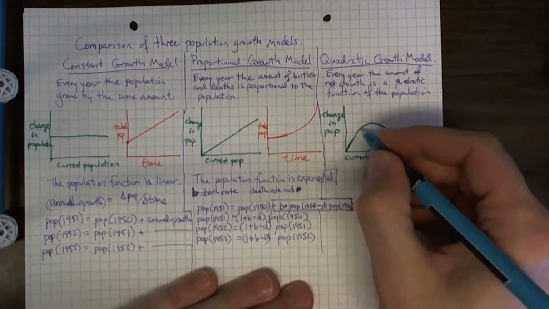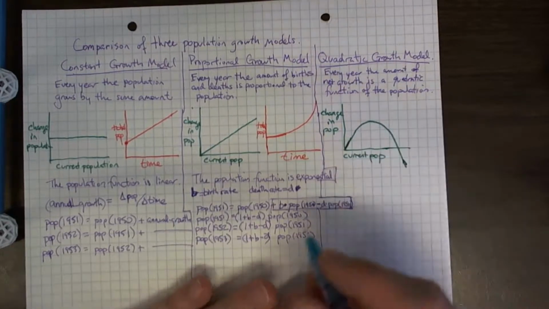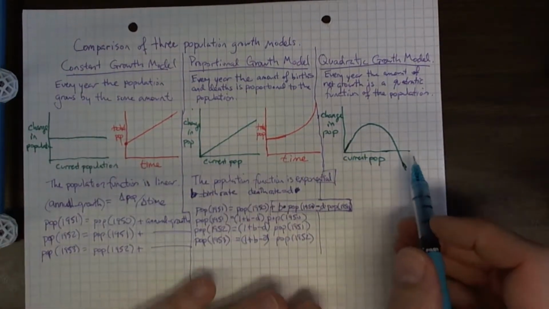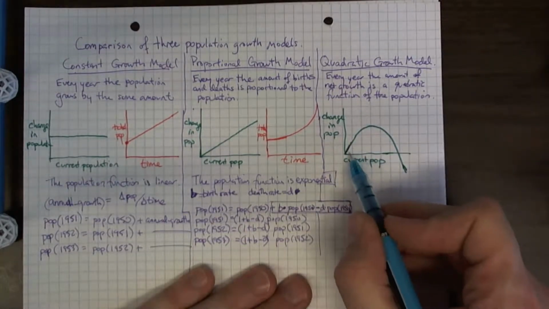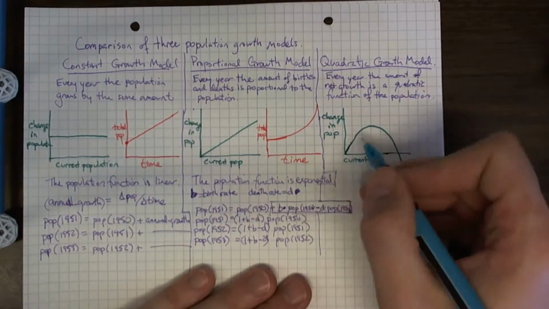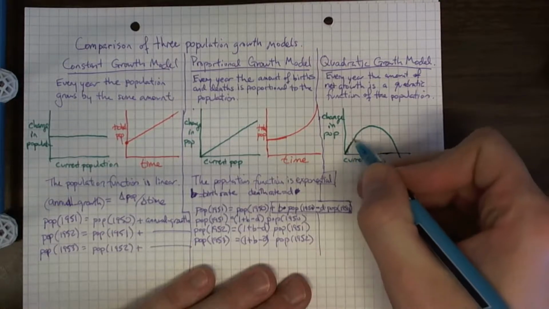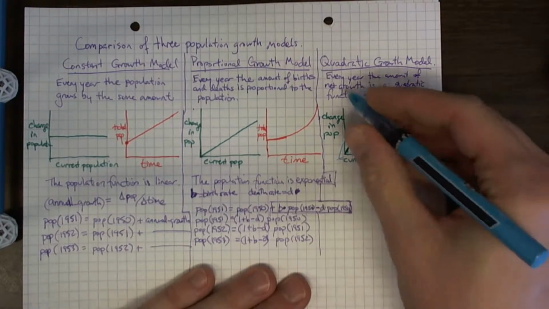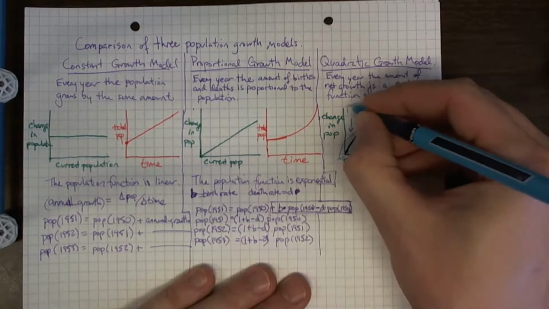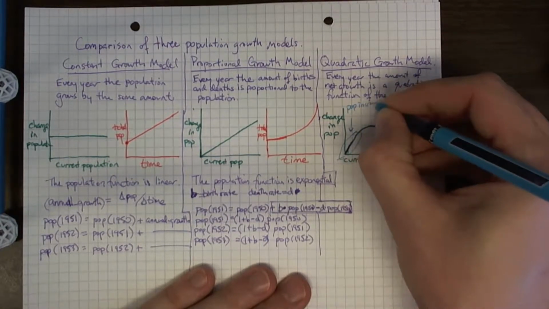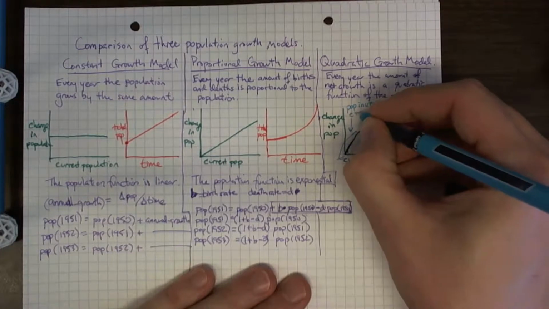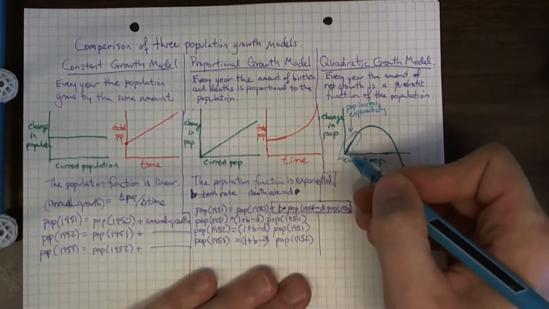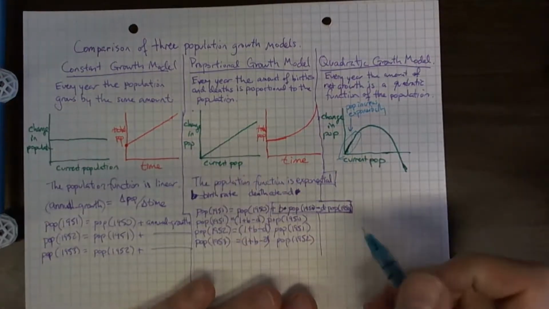It's more complicated than a proportional or constant growth model, but it's probably a better model of the way populations grow, which is that at the beginning, when resources are not constrained, in this area, we've got population increasing exponentially. Right, so it's increasing as if it's increasing exponentially.